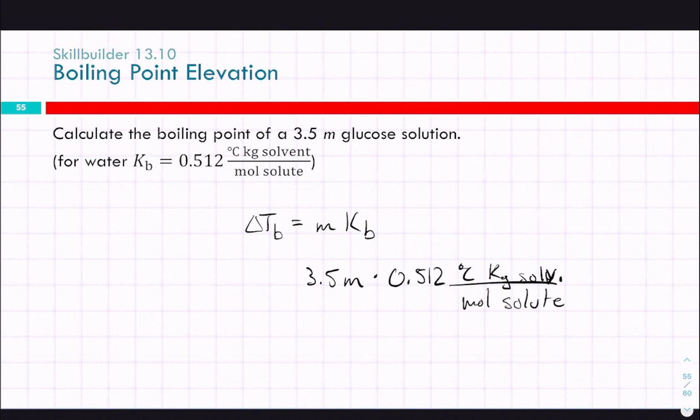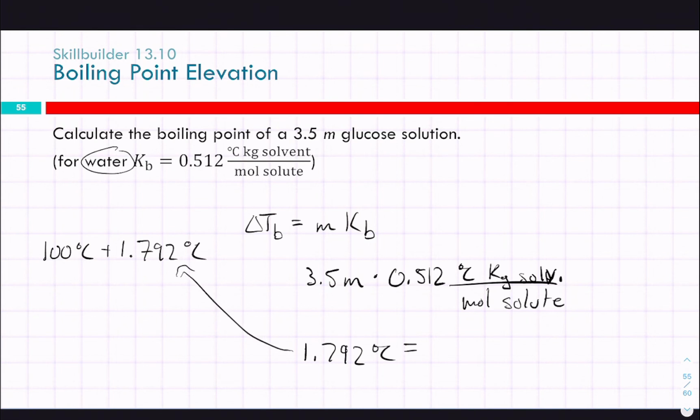So 3.5 times 0.512 is going to give us 1.792 degrees C. And because this is for water, we just take our normal boiling point, which is 100 degrees C, plus 1.792 degrees C, because this equals delta T sub B.